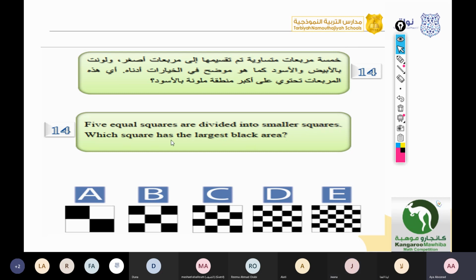Which square has the largest black area? So it's about a fraction, the ratio. Remember, if you want to write a fraction, up you put the colored and down the total. So now, which one of them has the largest black area?